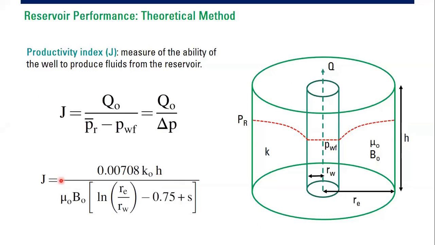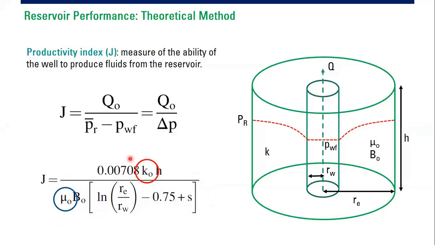All of that is divided by viscosity, oil formation volume factor, and then the natural logarithm of RE divided by RW minus this term, plus skin factor. So this is the productivity index.